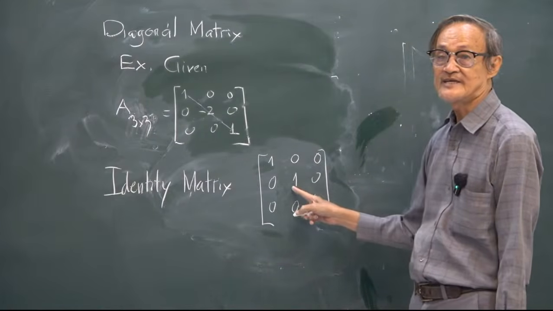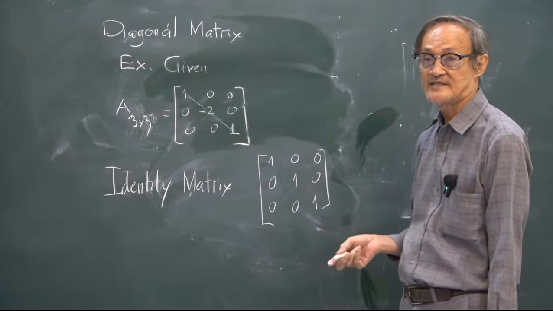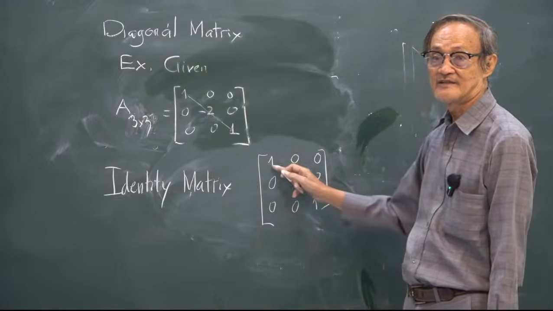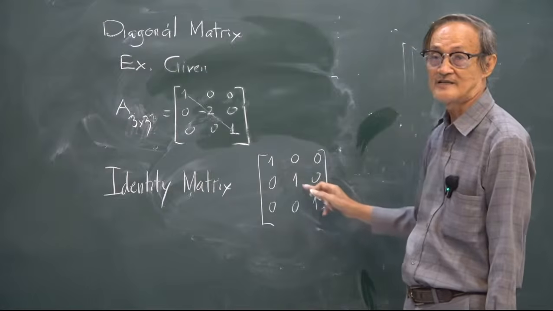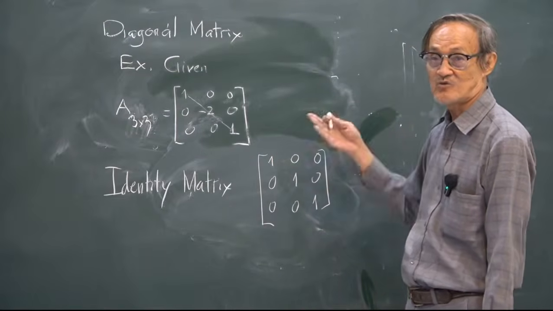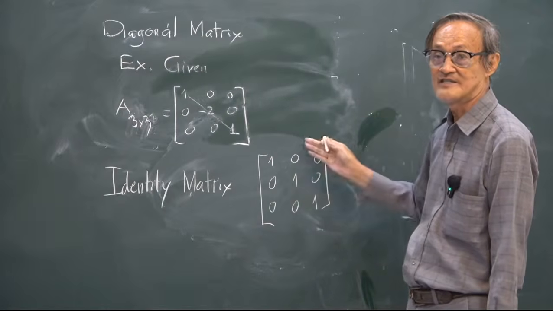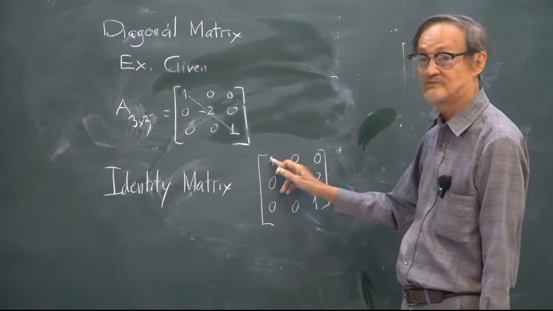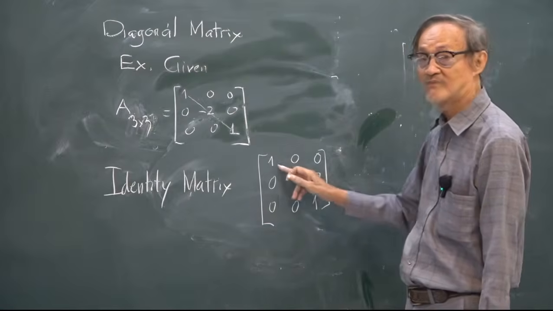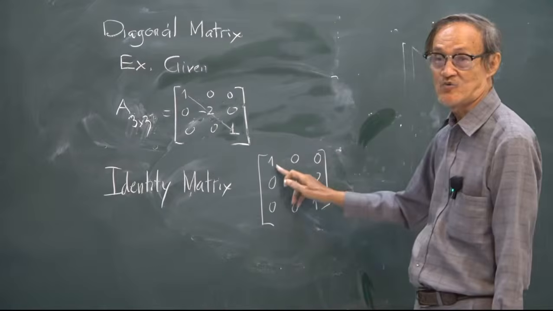You can see this is a square matrix, and the elements out of the main diagonal are 0, and the elements on the main diagonal are 1s.